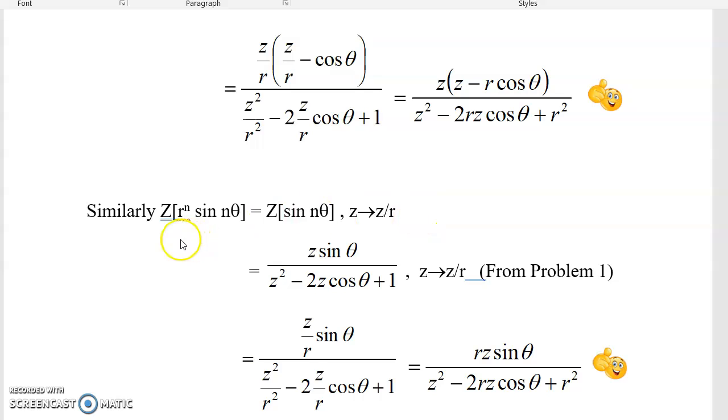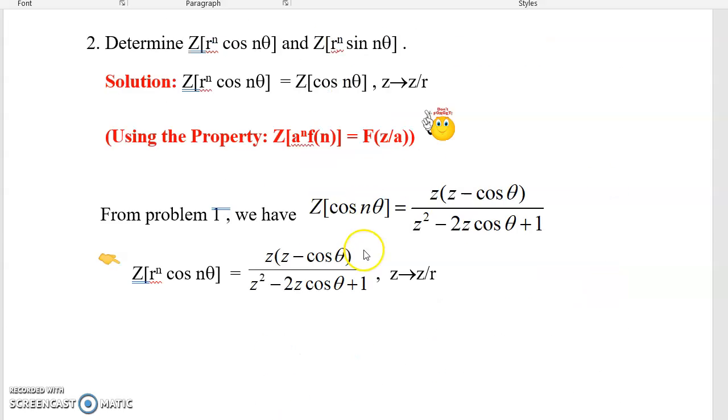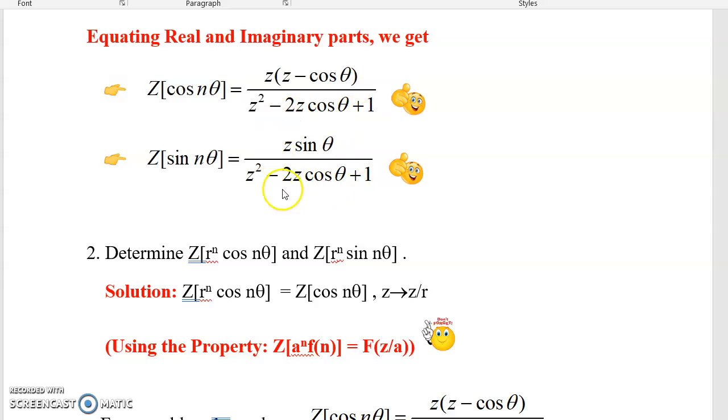Similar way, we can do z transform of r power n sin n theta. See, r power n can be removed. So this is going to be z transform of sin n theta. But whenever we remove r power n, this adjustment we have to do according to the property, z goes to z by r. And z transform of sin n theta from problem 1 we had evaluated. This is the answer.